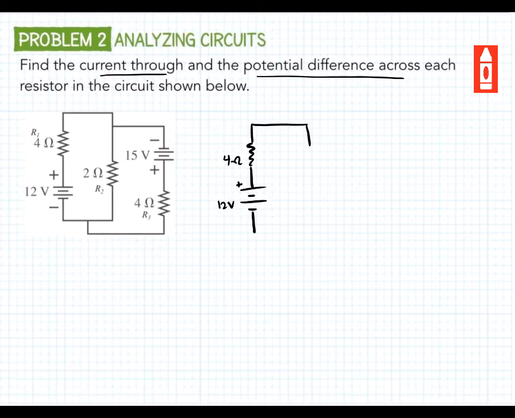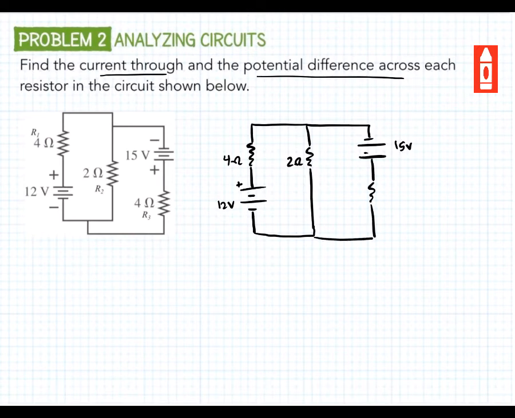We have another resistor in the middle here. That's 2 ohms. And we have another battery facing the other direction. That's 15 volts. And then we have one more resistor. That's going to be another 4 ohms.